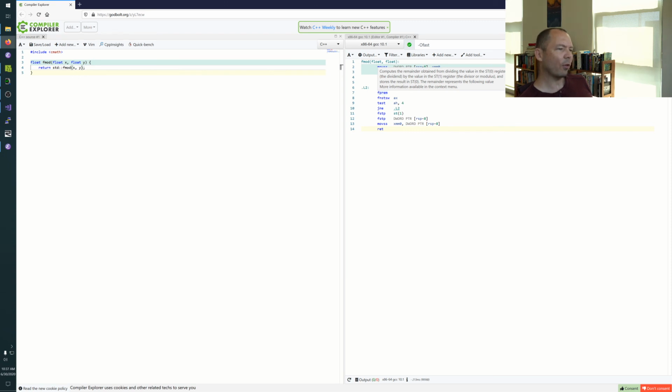So this is a very straightforward fmod. This is not doing anything tricky. This is the fmod you would have had in 1995, except for the movss.